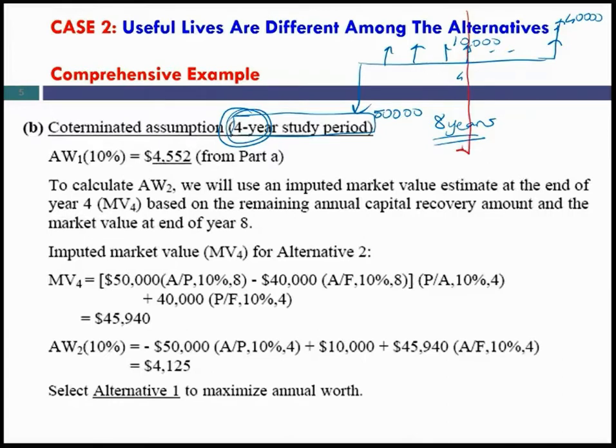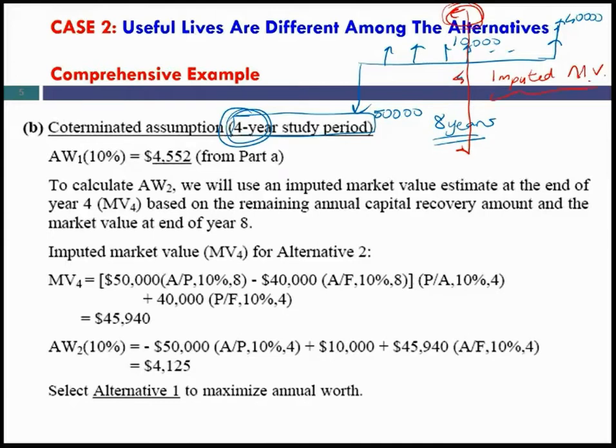This was the second alternative, and this is the 4th year, and now we will finish the study in the 4th year. If this was the case, we said that we need to use imputed market value, and we need to find the market value of this project alternative at the end of year 4, at the end of the study period.